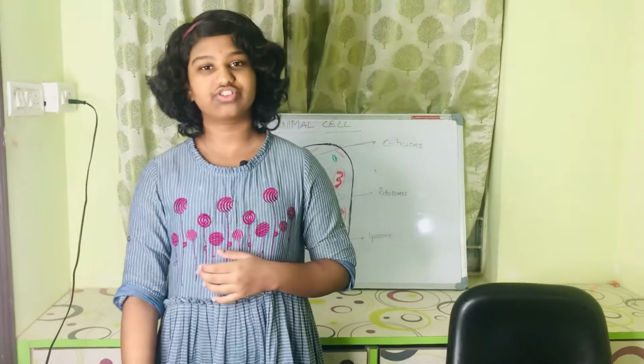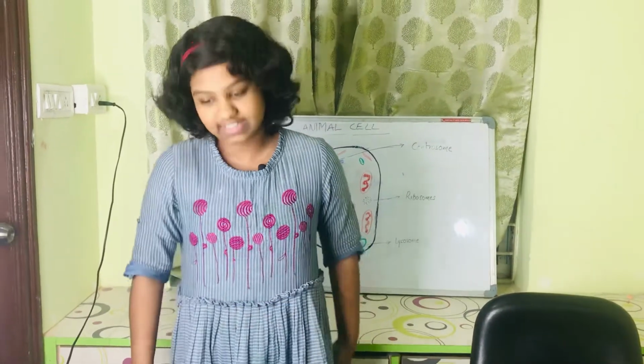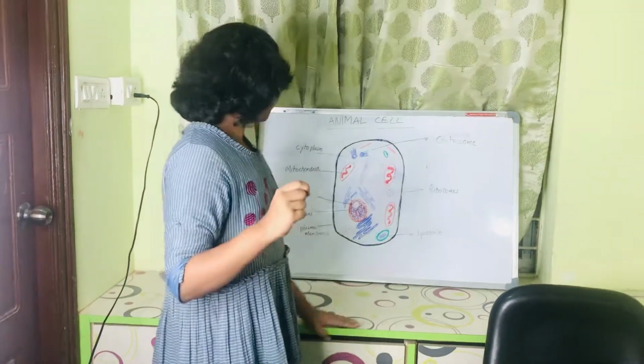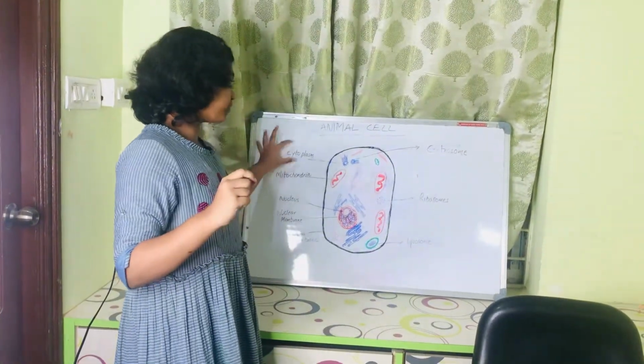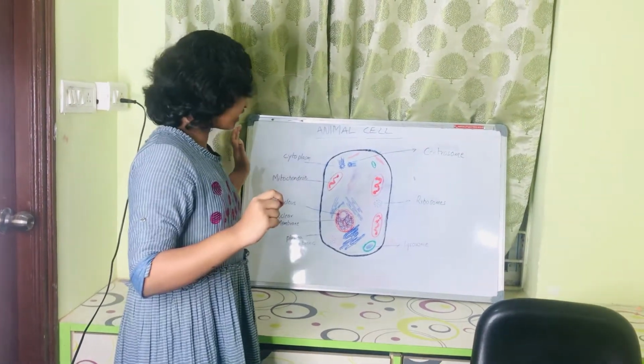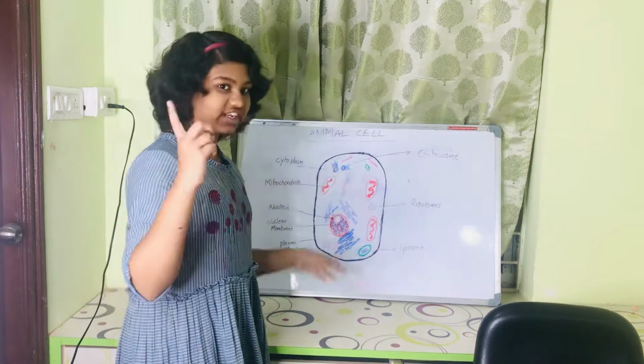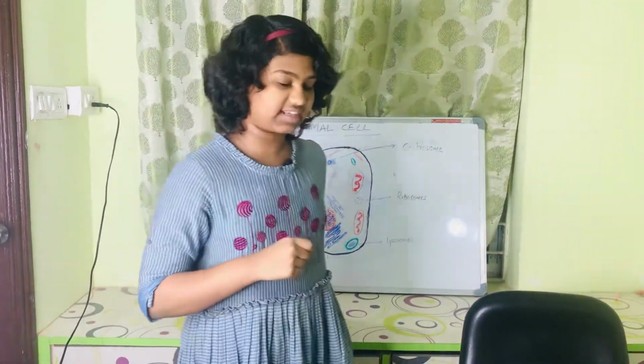We've also got centrosomes, which are concerned with cell division. There are two tiny granules called centrioles present in the centrosomes. Where are the centrosomes? Yes, these are the centrosomes. They are responsible for cell division. Moving on, we've also got vacuoles on our list.